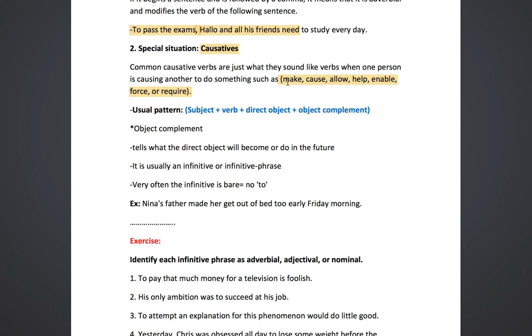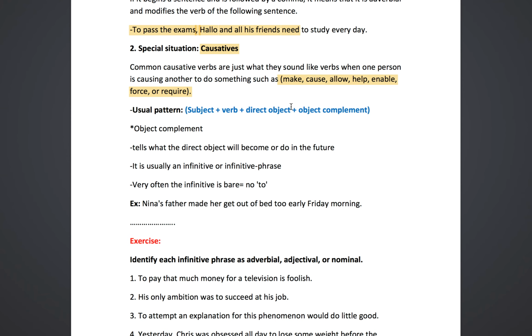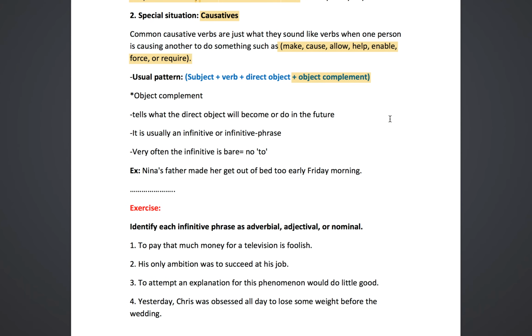So why do we have this topic under infinitive phrases? This is because these object complements that follow causative verbs are usually infinitives or infinitive phrases.